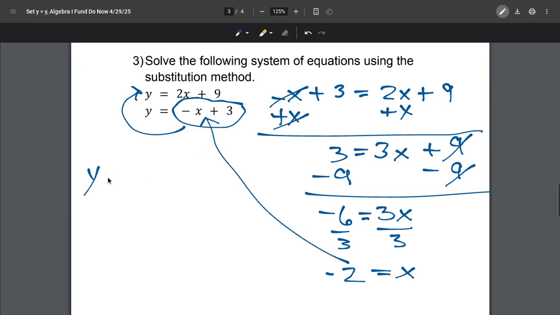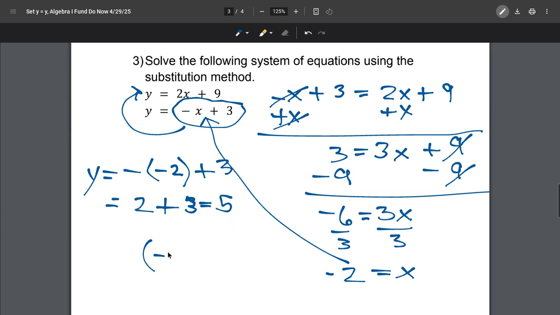So I'm really going to say y equals the negative of negative 2 plus 3. So the negative of negative 2 is actually 2 plus 3. That's a pretty bad 3, but 2 plus 3 is 5. So my solution here is (-2, 5).